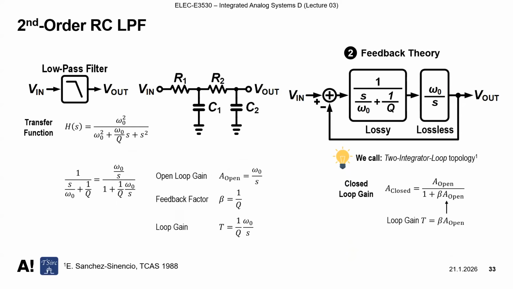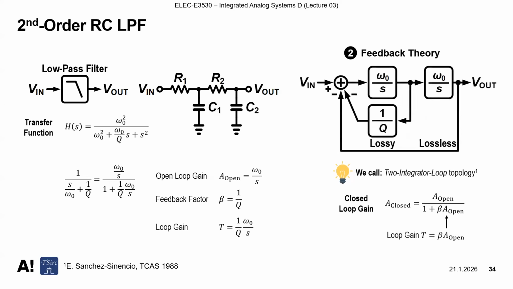Maybe we can rearrange this equation to have something over s form. Then the open loop gain is simpler than the previous equation: the open loop gain is equal to omega 0 over s. And the loop gain is now not equal to the open loop gain: T is equal to 1 over Q times omega 0 over s. In this case, the feedback factor beta is equal to 1 over Q.